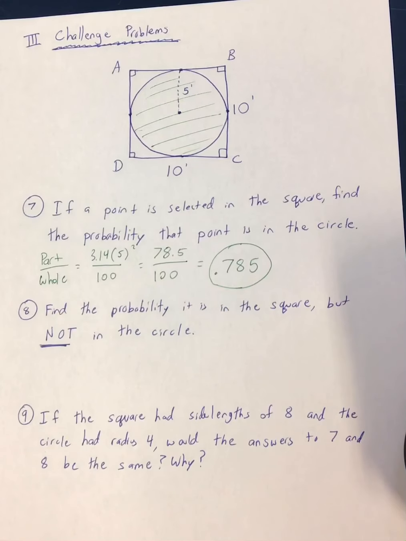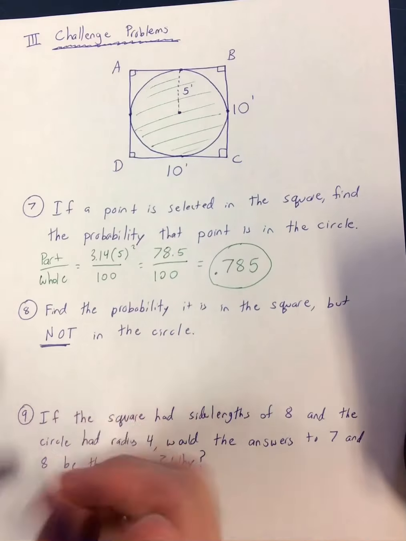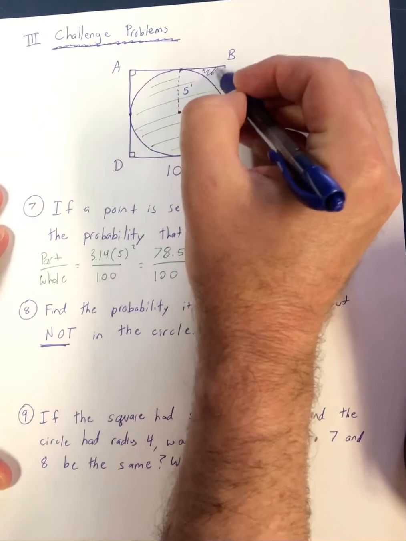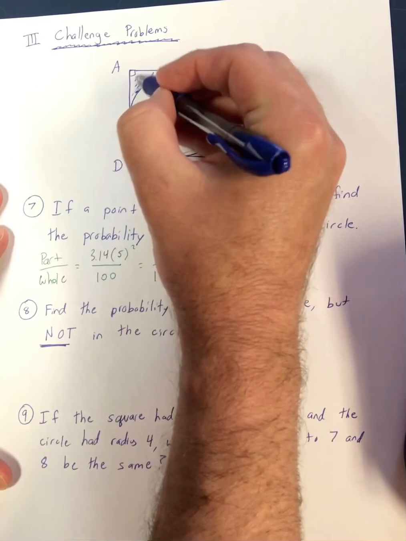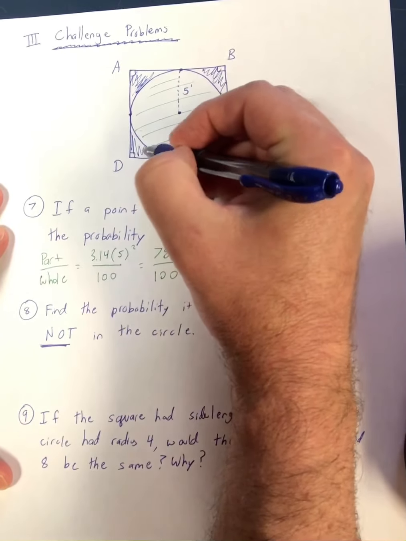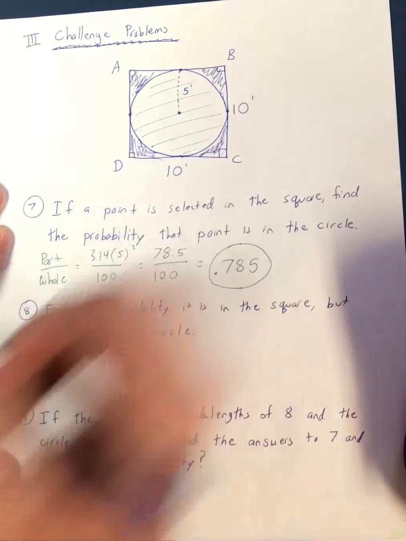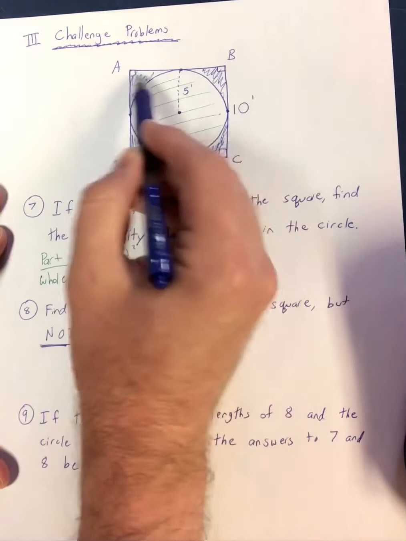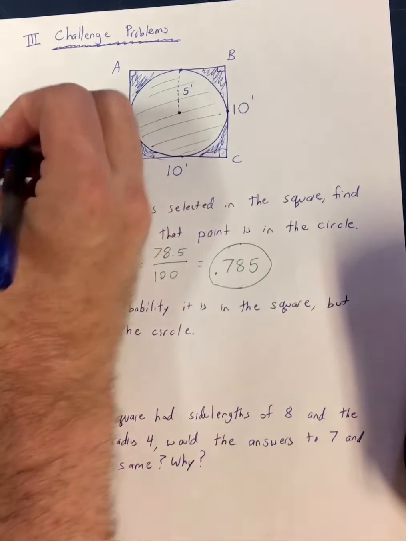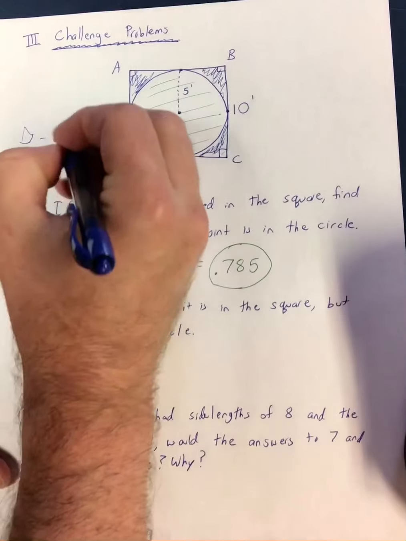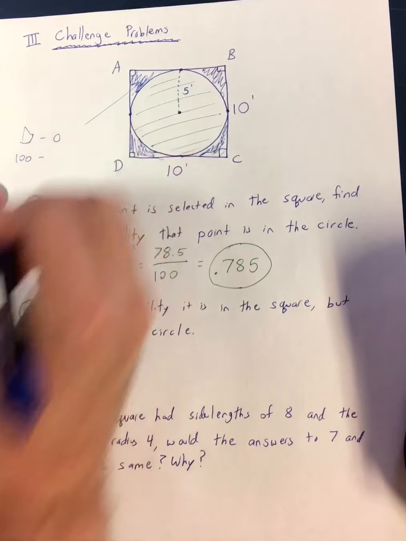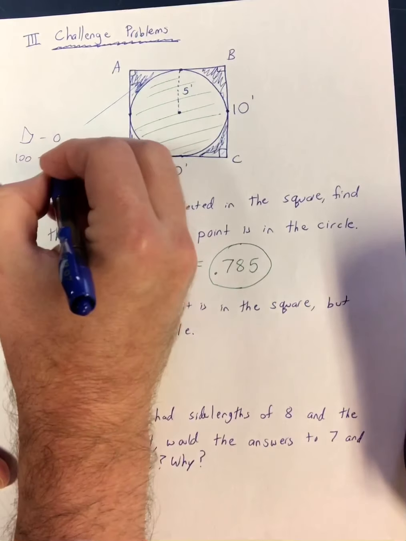Find the probability it is in the square but not in the circle. So what we're talking about here is the outside parts, all added together. If you think about the diagram here, we have a square and a circle. This outside part would be the square minus the circle. We know the square is 100, and we know the circle is 78.5.